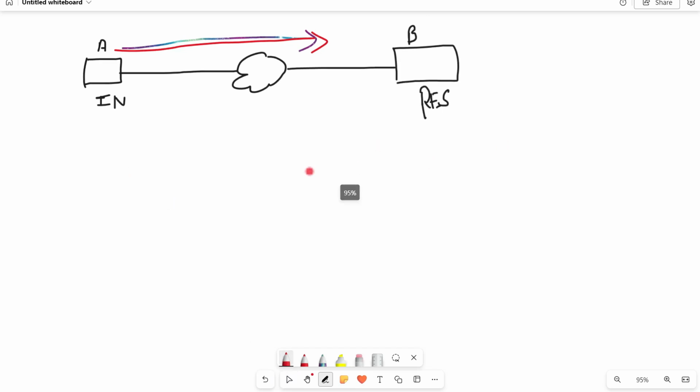Now in the third packet, the initiator will generate a nonce data and DH key. DH will generate a nonce data.